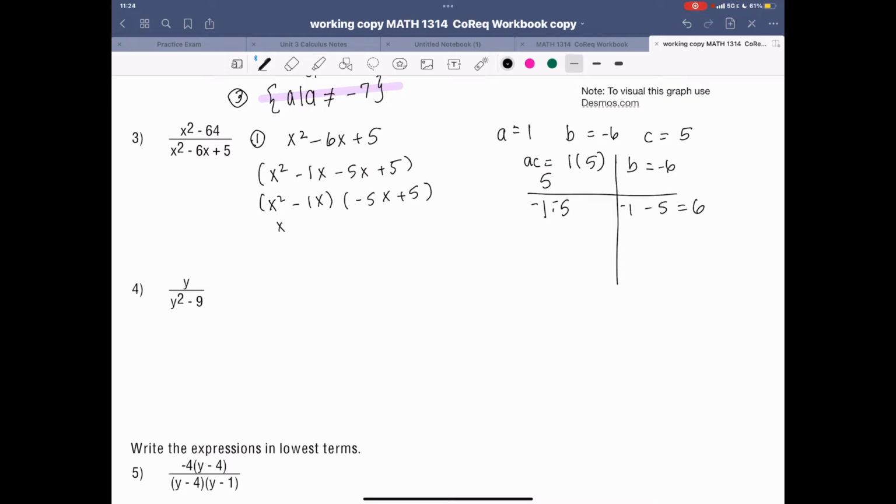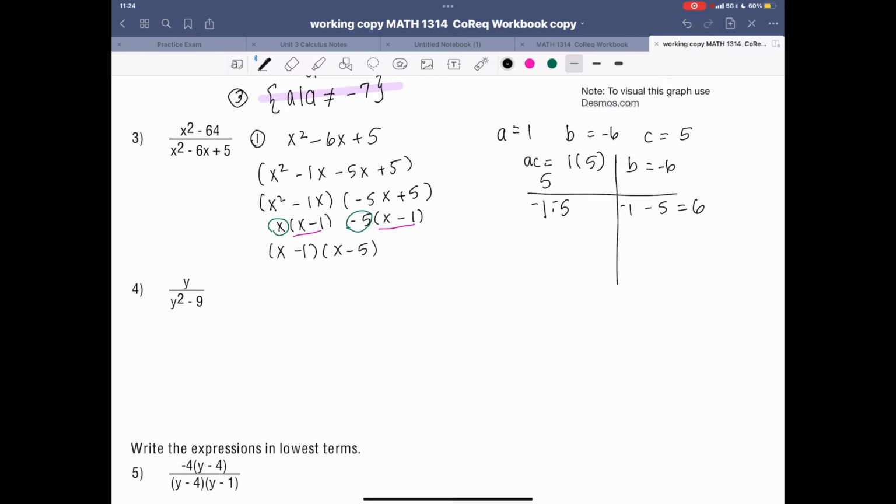Find our GCFs. Minus 1, negative 5. It's minus 5. Or minus 1. And then we get our factored form. X minus 1, right, because that's the repeat group. And then we get our GCF group. Remember, they're both GCFs. So x minus 5.